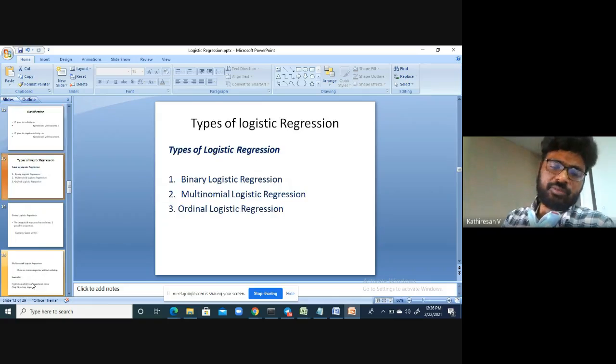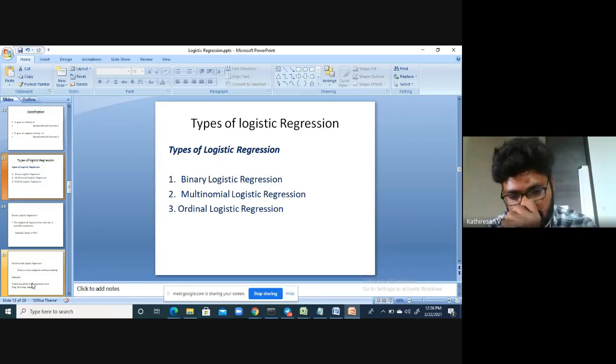So next important thing is the types of logistic regression. In the laboratory with tc1 class, what we have discussed is binary logistic regression. That is the first type of logistic regression, binary logistic regression.